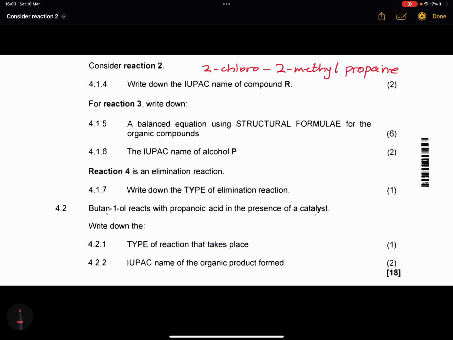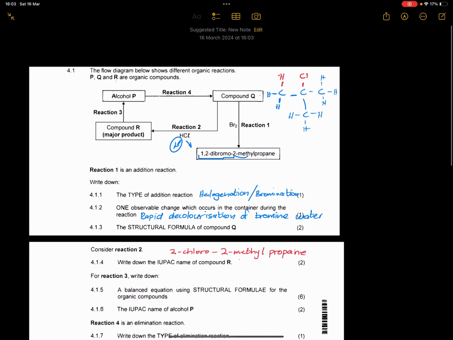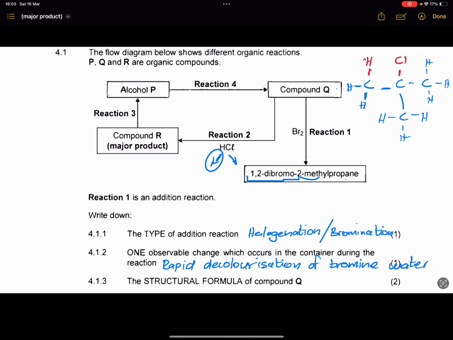Okay, now for reaction 3, they say write down the balanced equation using structural formulae for the organic compounds. In reaction 3, ladies and gents, we're taking that haloalkane that we formed in reaction 2, and we are now going to convert it into an alcohol. Remember, to do that, we usually react it with a dilute strong base.